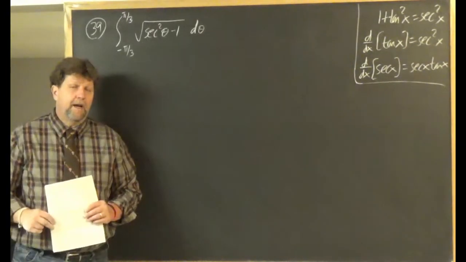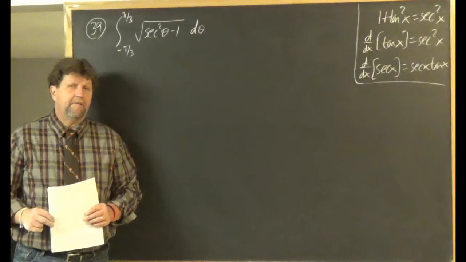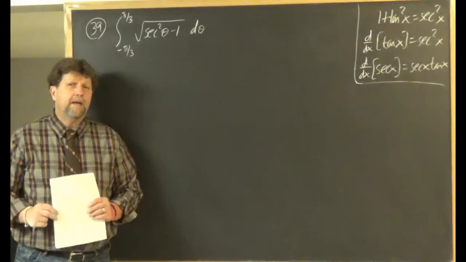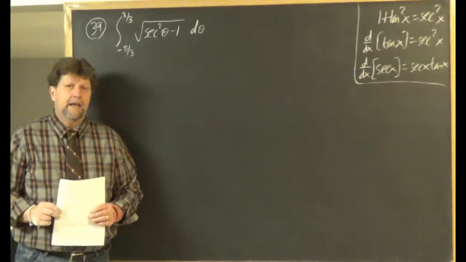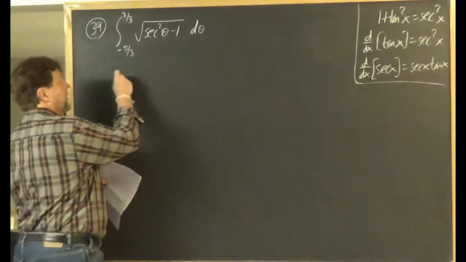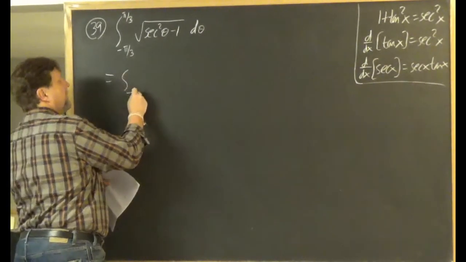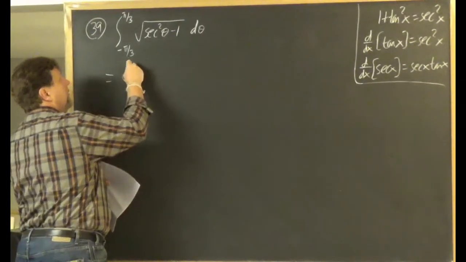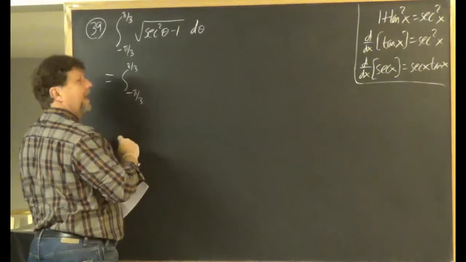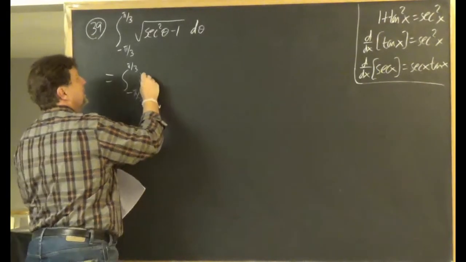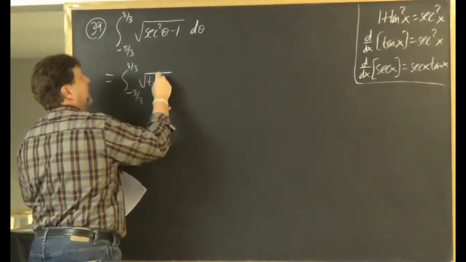All right, number 39, you were asked to integrate from negative pi over 3 to pi over 3 the square root of secant squared theta minus 1 d theta. Hopefully you all saw a great way to start the problem is to make use of a Pythagorean identity. The secant squared theta minus 1 is tangent squared theta.